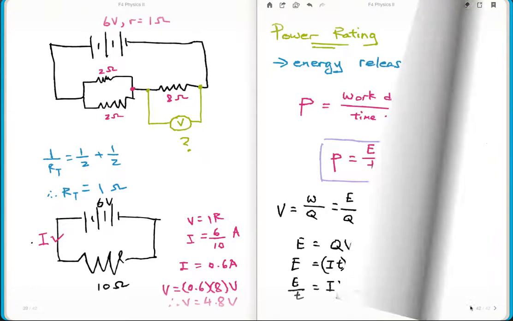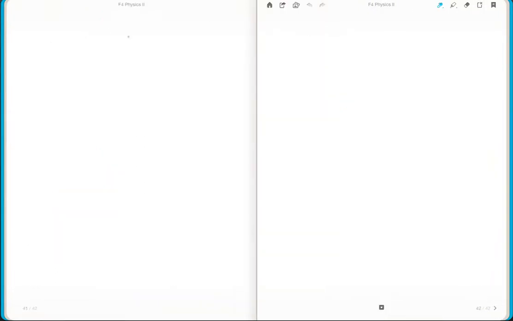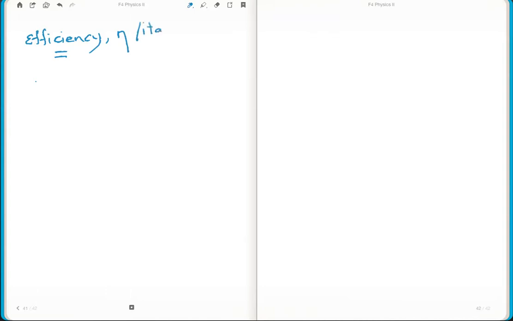Before I stop this video, in some power questions, there are times they ask for efficiency, the efficiency of an appliance. The efficiency symbol is eta, the letter N with a long tail.